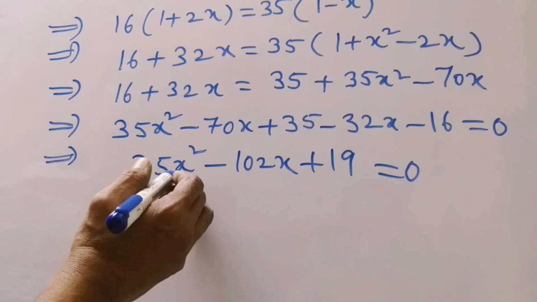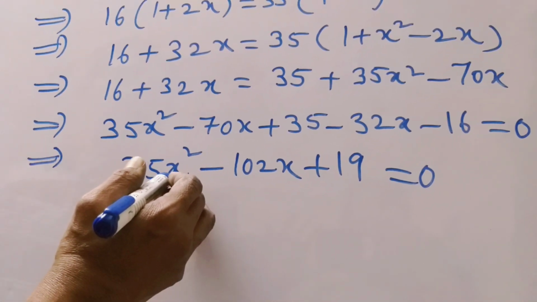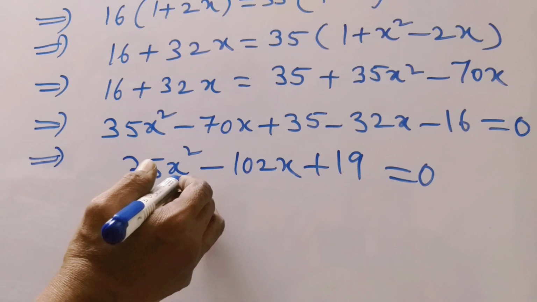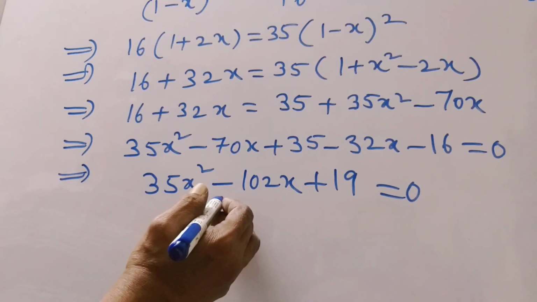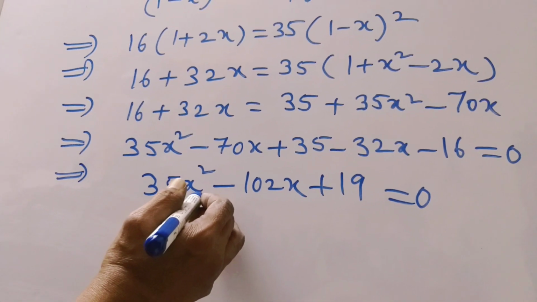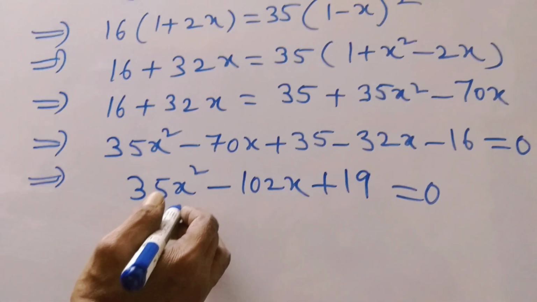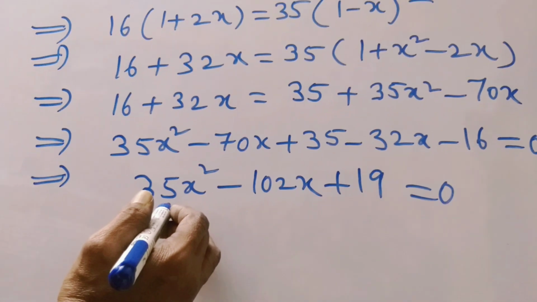It is a quadratic equation, that is ax square plus bx plus c is equal to 0. To find the factors of a quadratic equation, there are two methods.